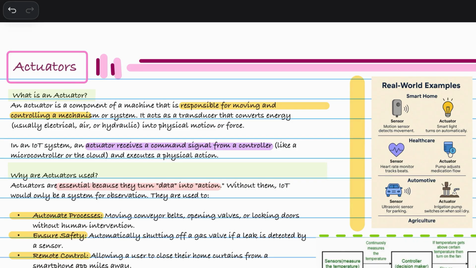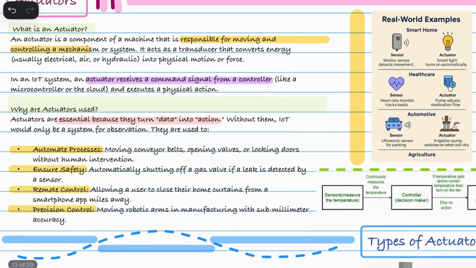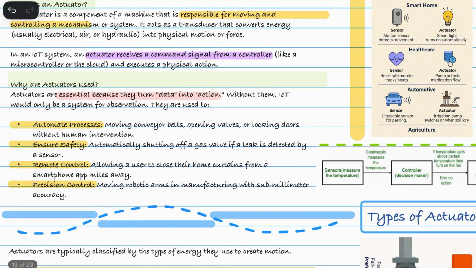So why are they vital? In an IoT system, the actuator receives the command from the microcontroller and executes the physical action that is required. They are essential because they perform automation. They physically move belts or open water valves without a human turning a wrench, right?